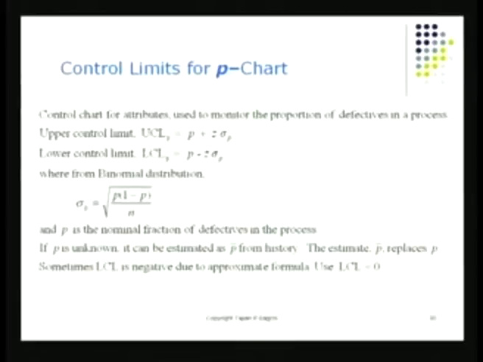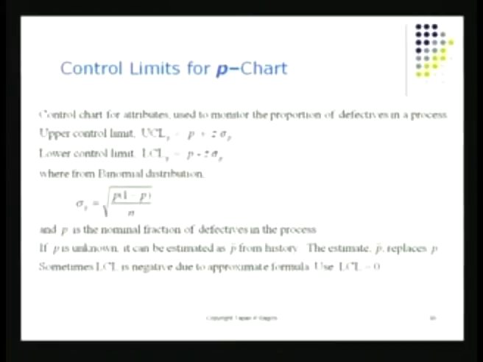Now you are familiar with the control limit calculations, and control limits are those extreme values that are reached very rarely. For the P chart, the upper control limit is going to be P bar, which is the historical average, plus Z times sigma P. The Z value here is found in such a way that the probability of exceeding this upper control limit is going to be very, very small, like going beyond the 3 sigma limit on the X bar chart.